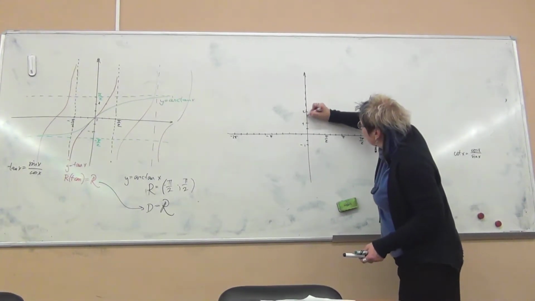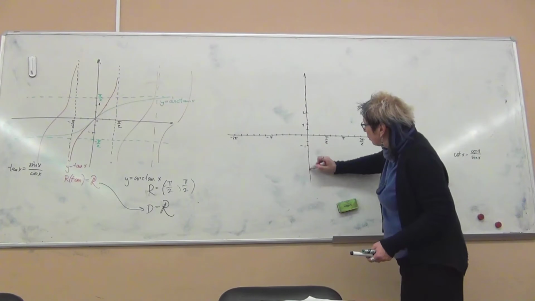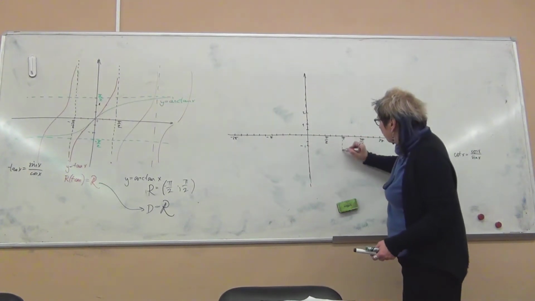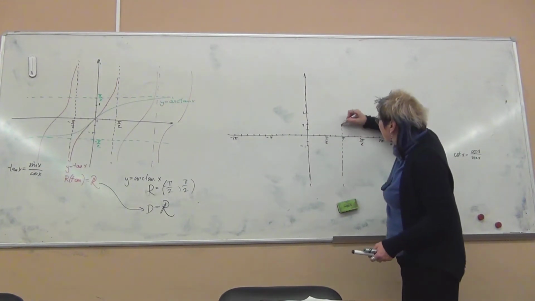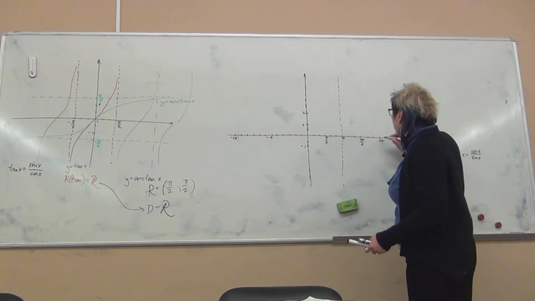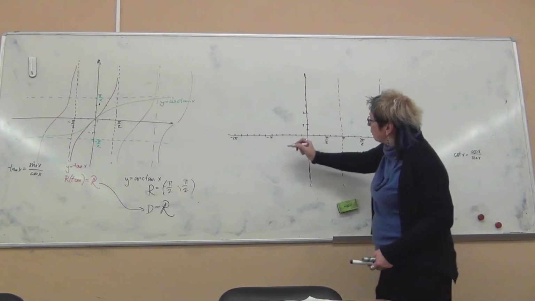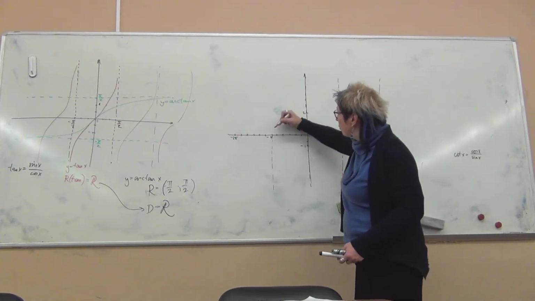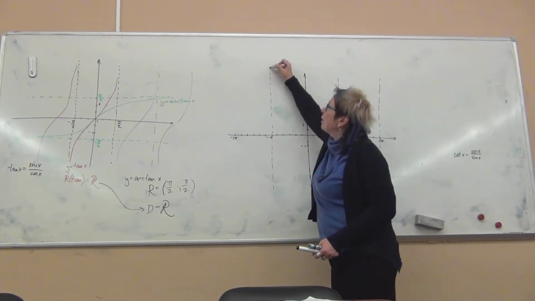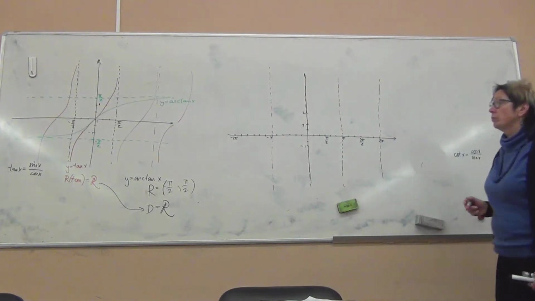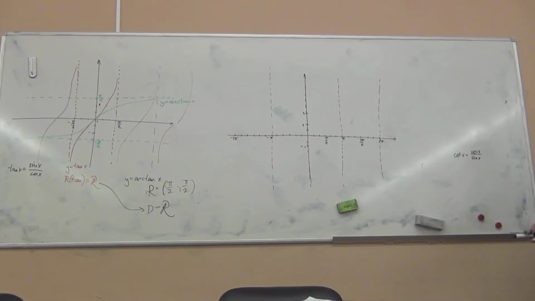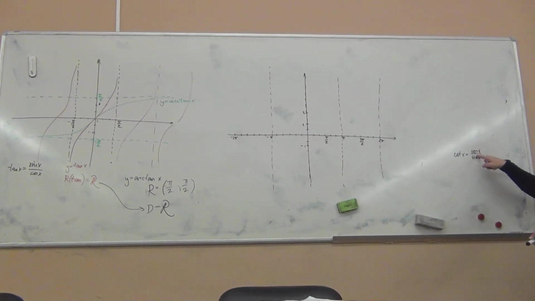If x is 0, one vertical asymptote. If x equals pi, sine of pi, of 180 degrees, is 0. If x is 2 pi, if x is minus pi. So these are the vertical asymptotes for the cotangent function. Now, obviously, cotangent will be equal to 0 at the points where cosine is 0.